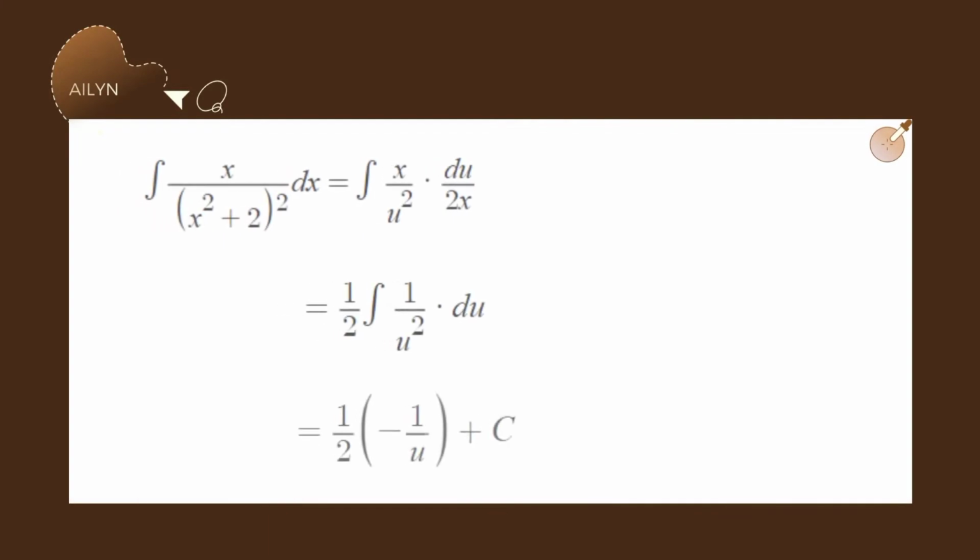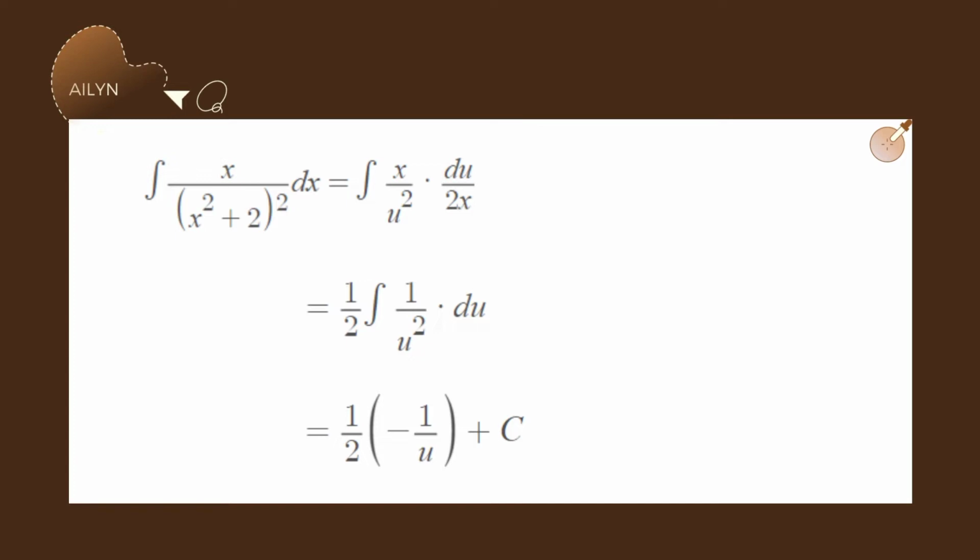When we substitute the values of u, du, and dx, the integral of x over the square root of x squared plus 2 dx equals the integral of x over the square root of u times du over 2x. Using the constant rule, let's put the 1/2 outside the integral, and we will get 1/2 the integral of 1 over the square root of u du.